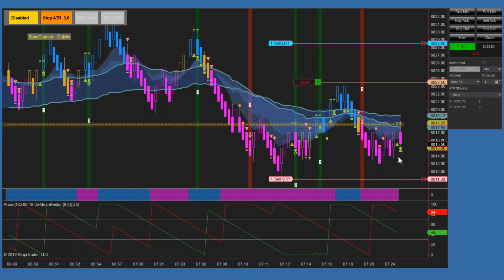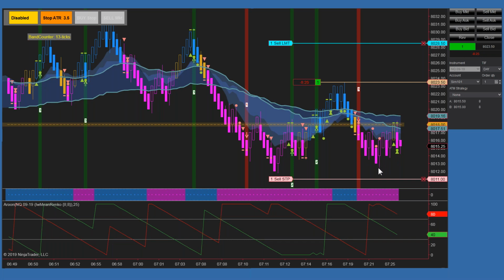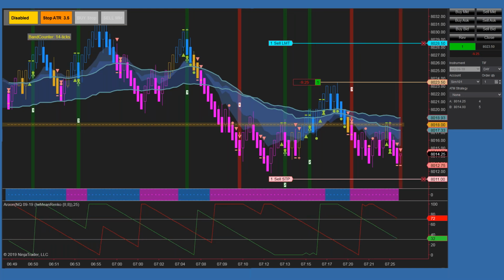Well, knowing that the Aroon indicator is based on new highs and lows, if I take out this low, I'm probably sunk. Yeah, not looking very promising right now. We're about to cross into the 30 zone.